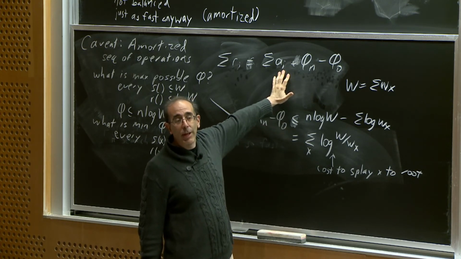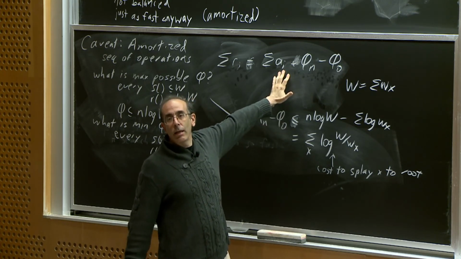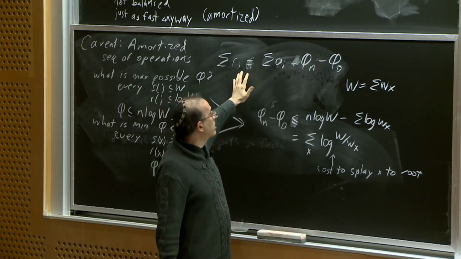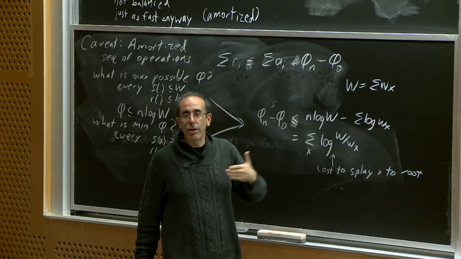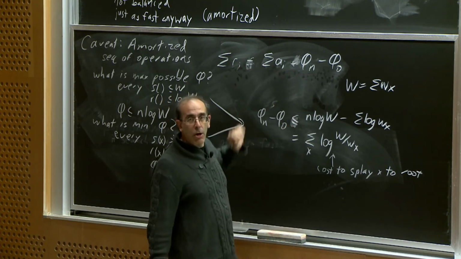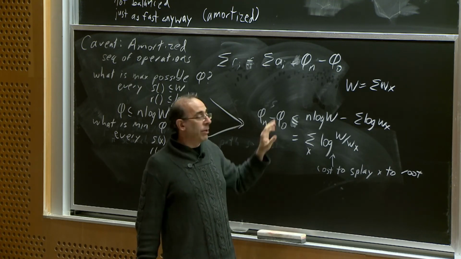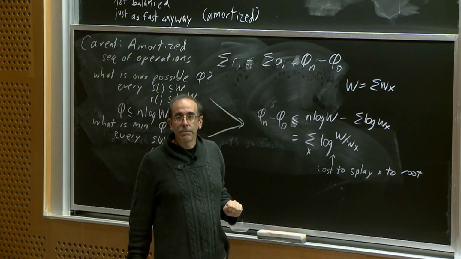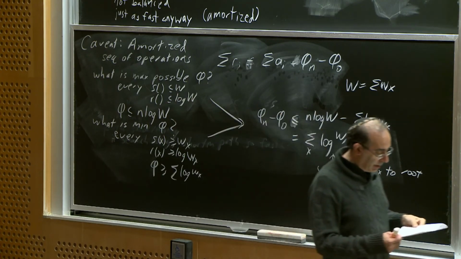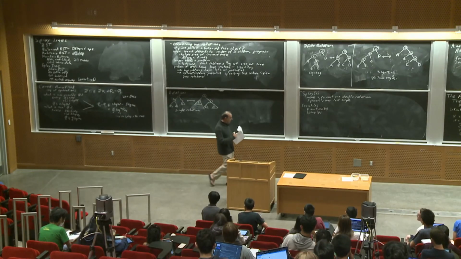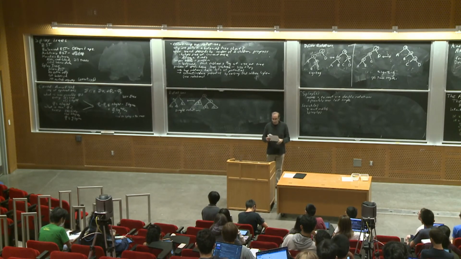So if you only do one splay, it might cost n and give you a negligible amortized cost. But as long as you splay every node at least once, you can use the amortized costs instead of the real. They're a valid bound on the real costs. Okay? So that's not a very damaging caveat. Okay? All right, good. This is pacing well.